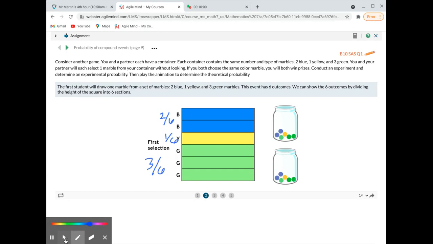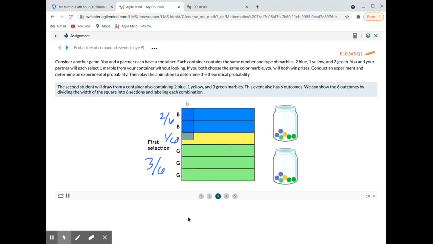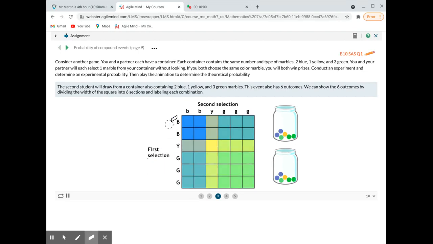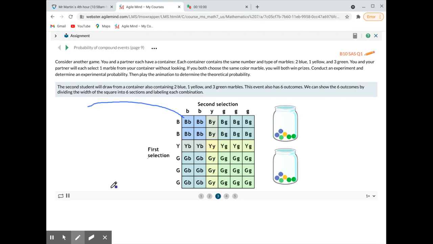So, what do you think would happen if we were to set this with the second selection? How is this going to change? What would be the chance that we would get a blue? 4/36.